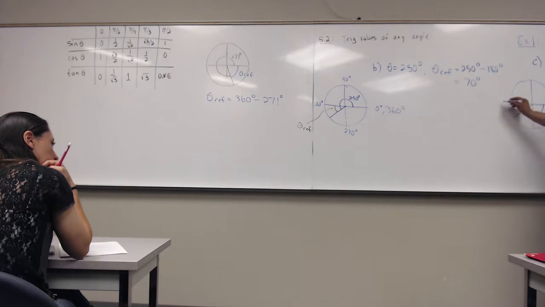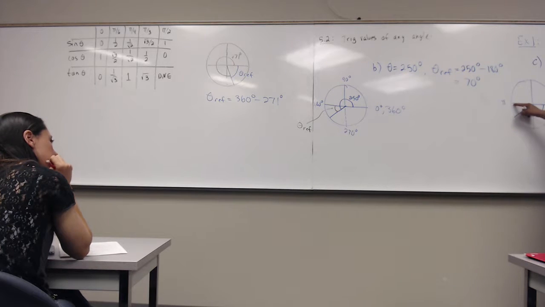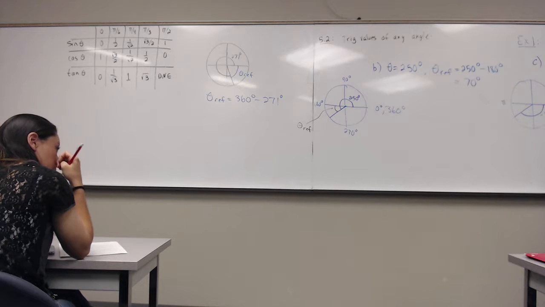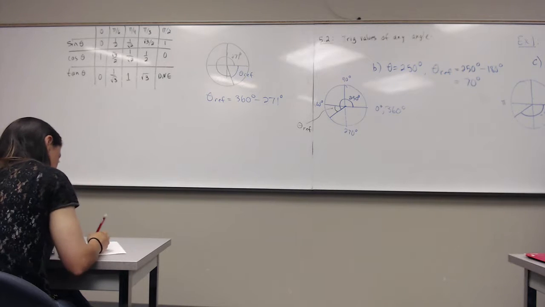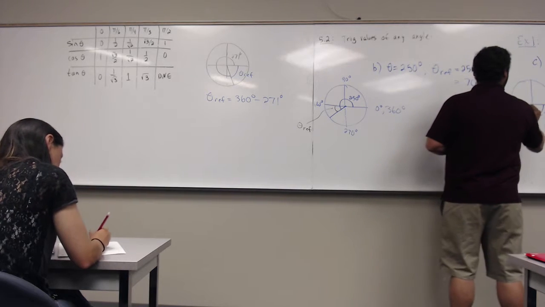Because if this is pi, and you went 3 pi/4 in the clockwise direction, how much further would I have to go to get up to the horizontal? You'd have to go another pi/4 units. So in this case, the reference angle is just going to be pi/4. Again, here's your little reference angle right there.